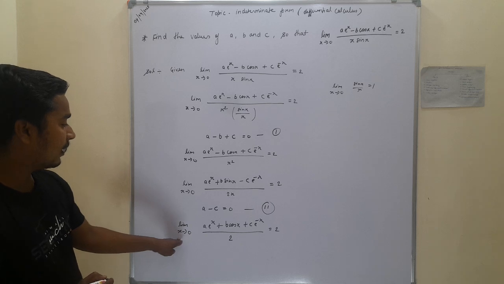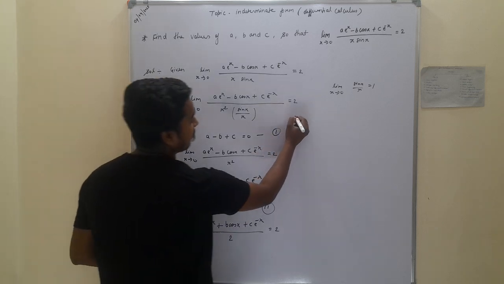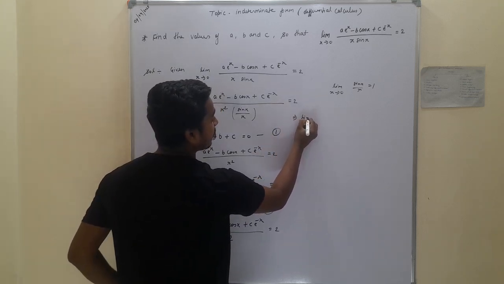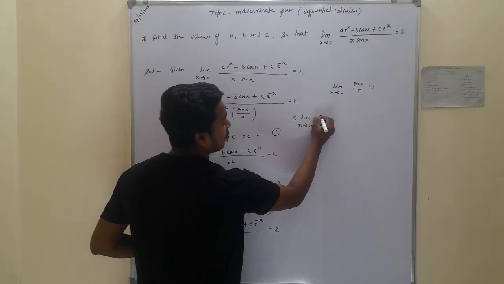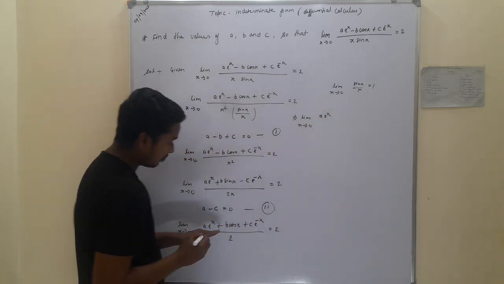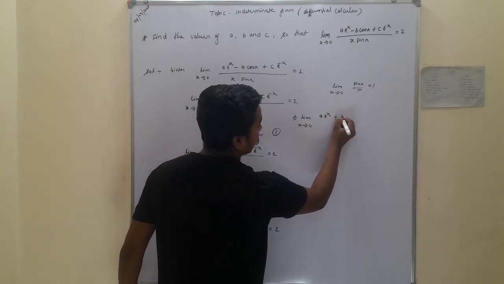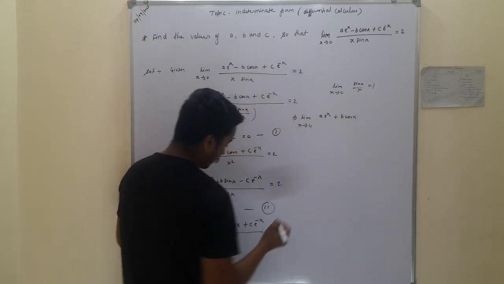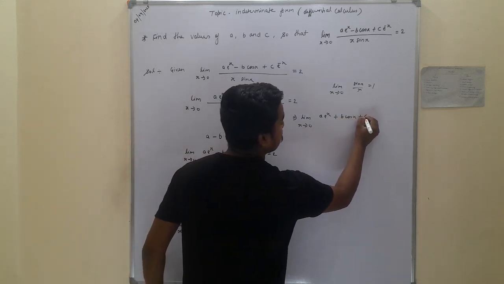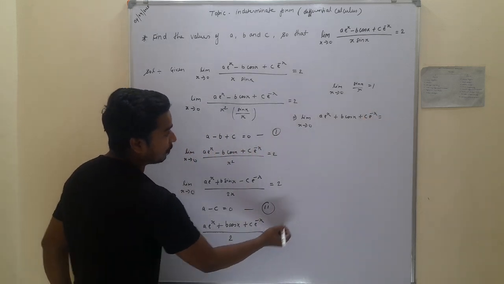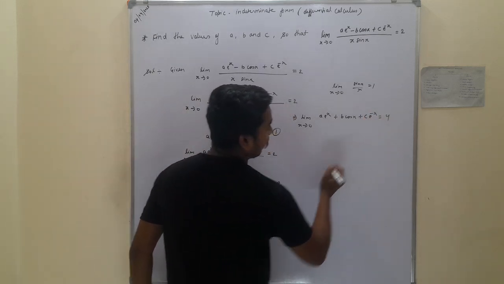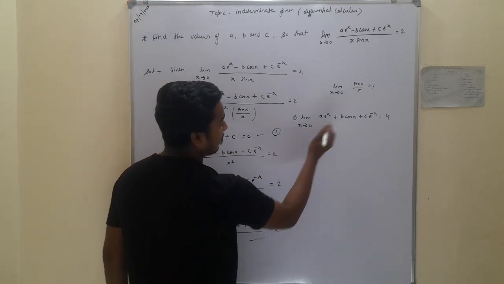And further from here we can write the limit as x tends to 0 of a into e to the power of x plus b cos x plus c into e to the power of minus x, equal to 2. Cross multiplying with 2, we get 2 twos are 4 here, and we have to satisfy the limit.